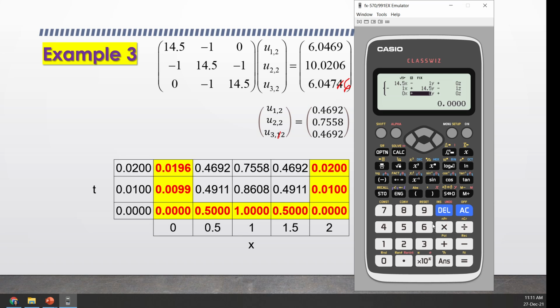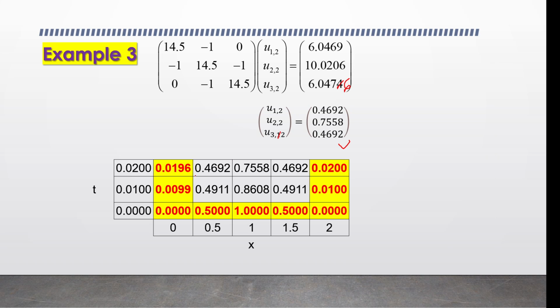Then 0, negative 1, 14.5, 6.0476. So 0.4692, 0.7558, 0.4692. This one had a typo, but the solution is correct. Then put into the grid: U12 is 0.4692, U22 is 0.7558, U32 is 0.4692.